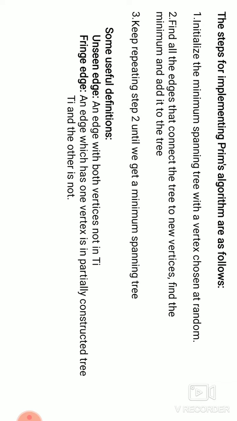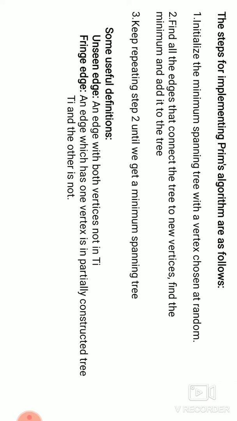If we begin our Prim's algorithm, we start to create a minimum spanning graph. So we choose one vertex at random and take it as the initial vertex. Suppose we choose A as the initial vertex. Now A is in the set V dash, which is the set of vertices in the tree Ti, but B has not yet been visited.